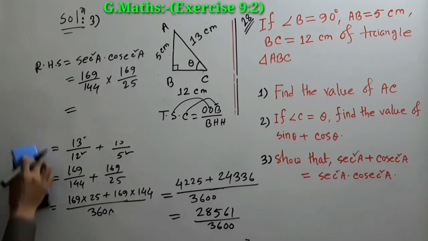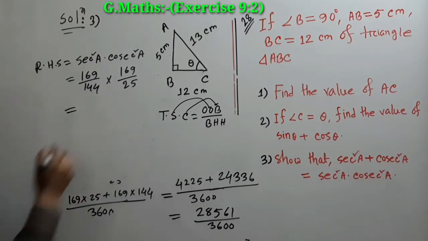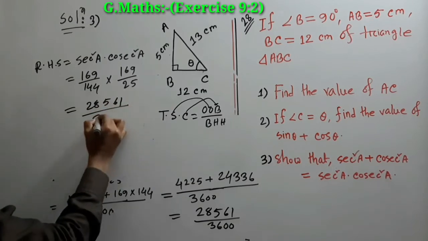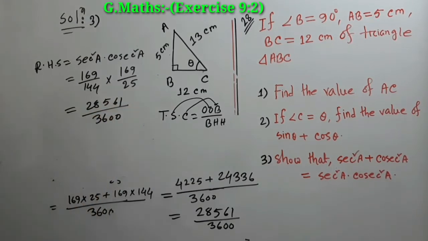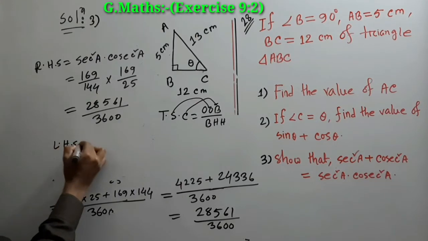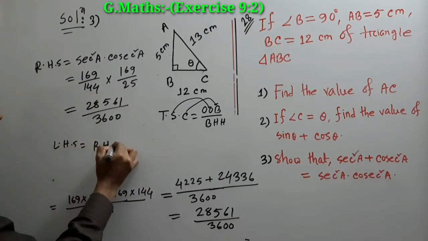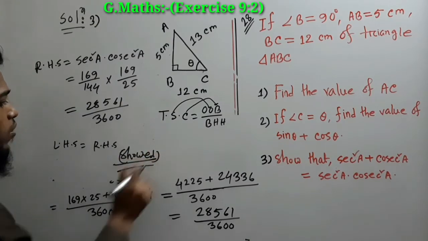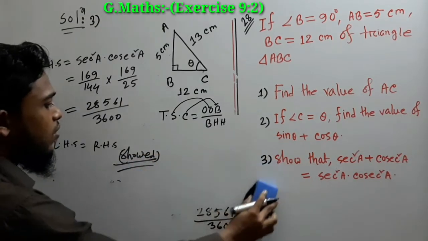So this equal to... We see that the value of left hand side and right hand side are equal. So we can write left hand side equal to right hand side. I think, dear students, you understand this.